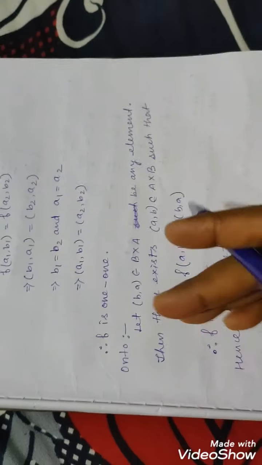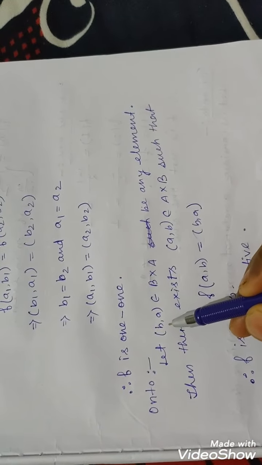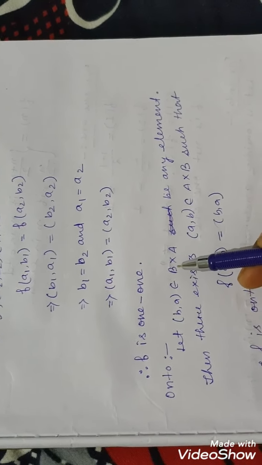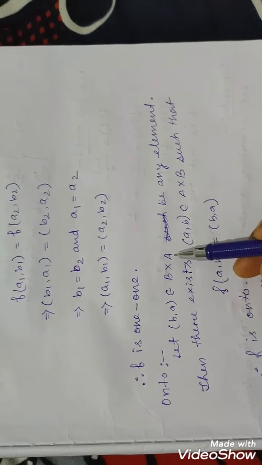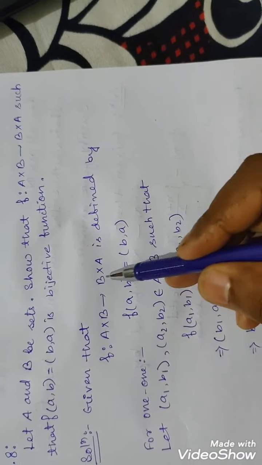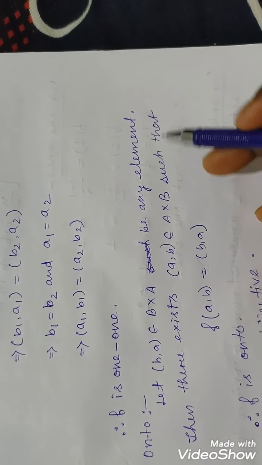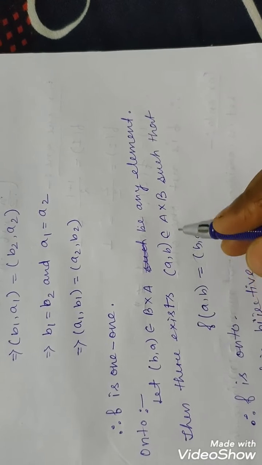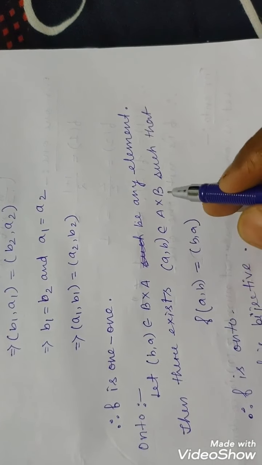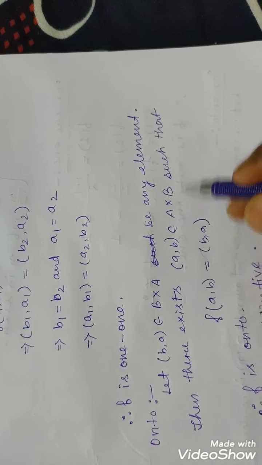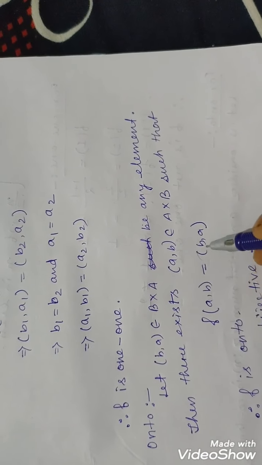Okay, next, onto. Let me consider an element (b, a) from the codomain, that is B × A, the second set. So (b, a) is any element. Then there exists another element, suppose (a, b), in the domain A × B, such that f(a, b) = (b, a).